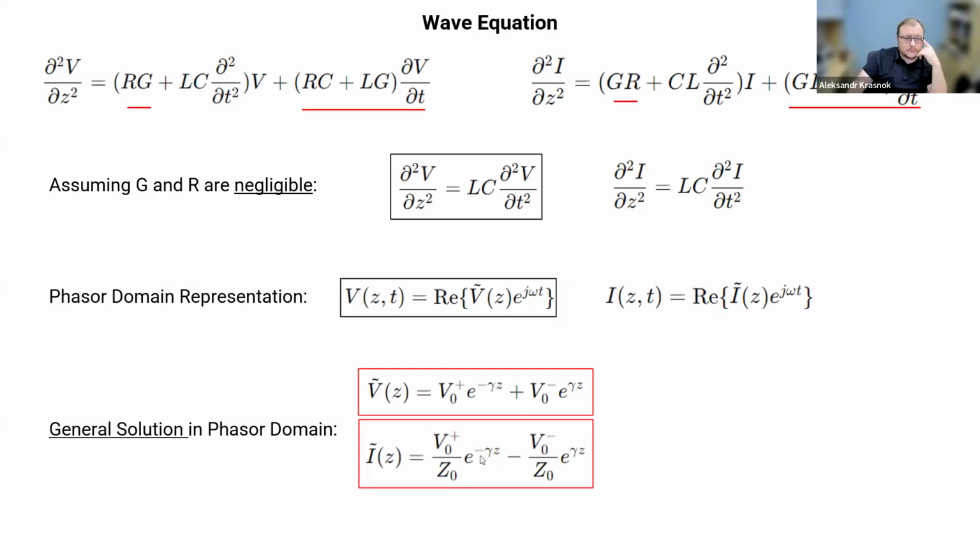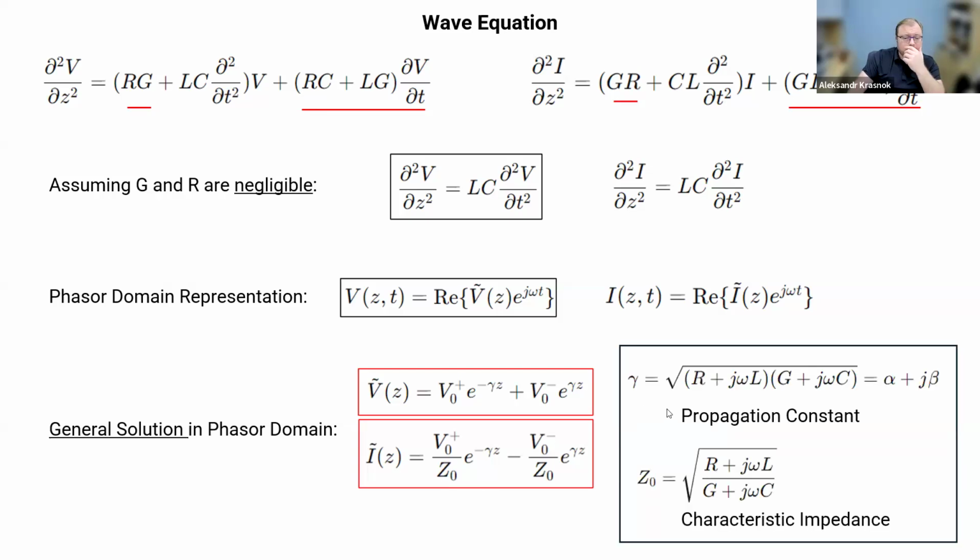Similarly, for the current, we get these two terms here, which look like the solution for the voltage, but divided by Z0. So this Z0 is a pretty important parameter. It's called characteristic impedance. If you divide voltage by current, you get impedance. So this characteristic impedance defines basically the parameters of this transmission line.